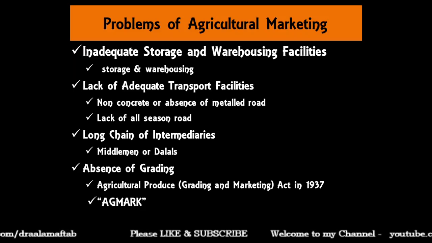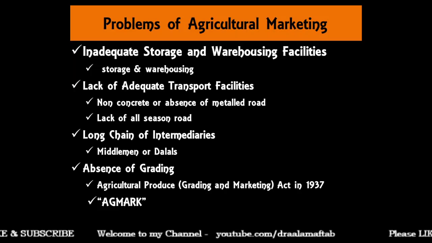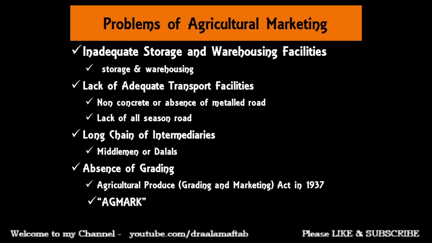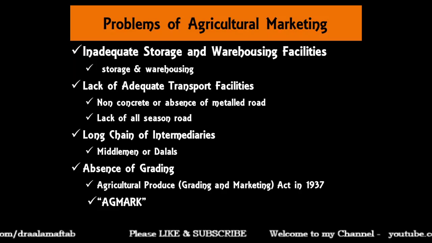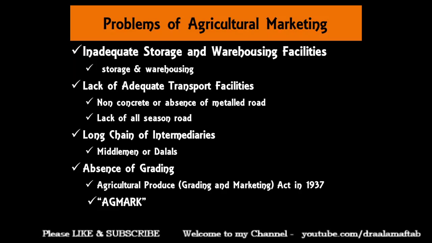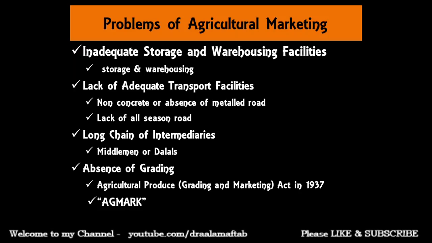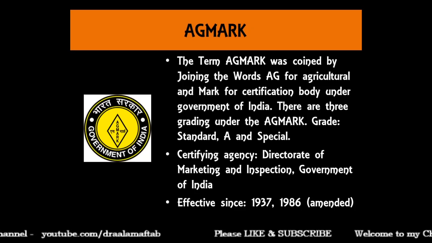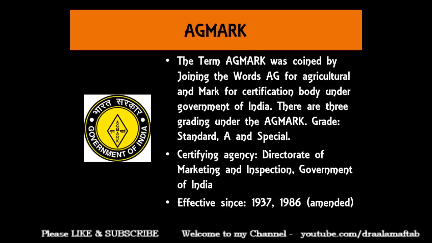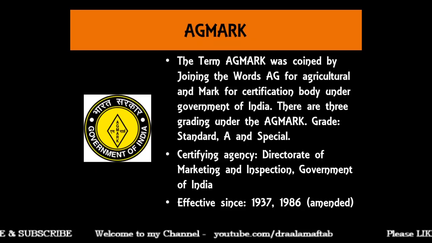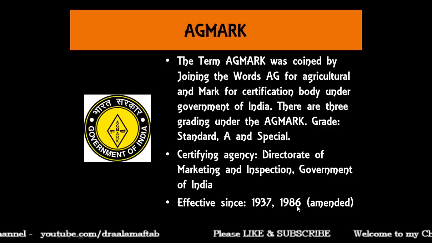Though we have the Agmark also, which is agriculture marketing, which shows the quality of the product that we have. And this Agricultural Produce Act 1937 was amended in 1986 again. So this Agmark is given to the agro products. The quality certification is given by the certifying agency, that is the Directorate of Marketing and Inspection, Government of India, and it is effective since 1937, and it was amended in 1986, as I told you.